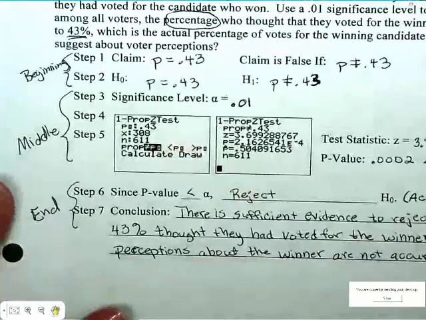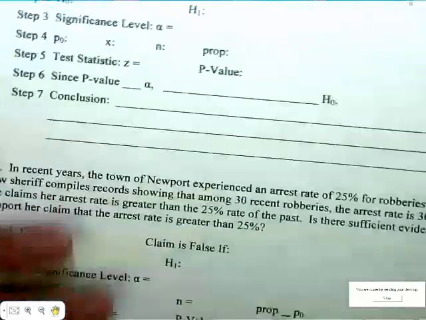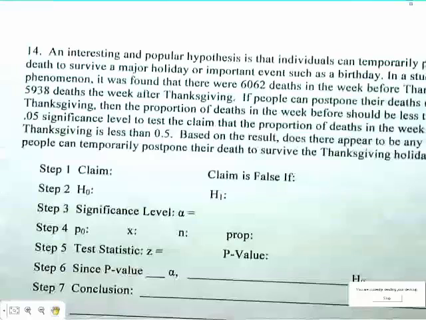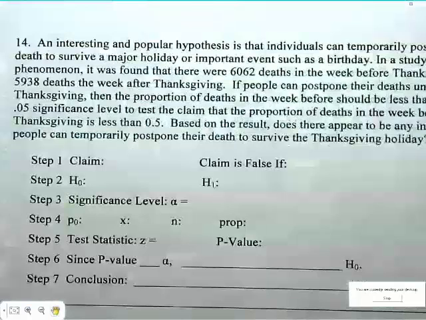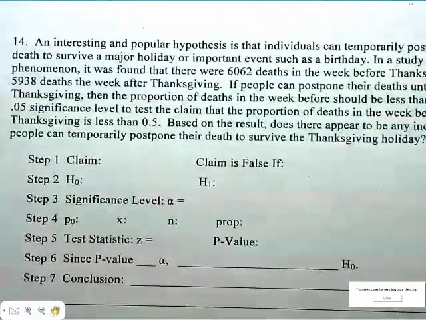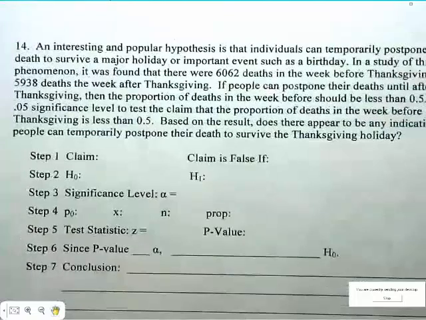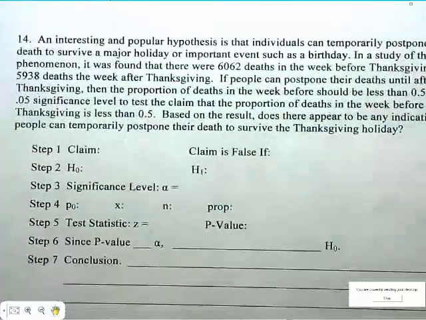All right, number 2. This is an interesting problem. And it actually says, this is an interesting problem. An interesting and popular hypothesis is that individuals can temporarily postpone their death in order to survive a major holiday or important event such as a birthday. Have you heard that?